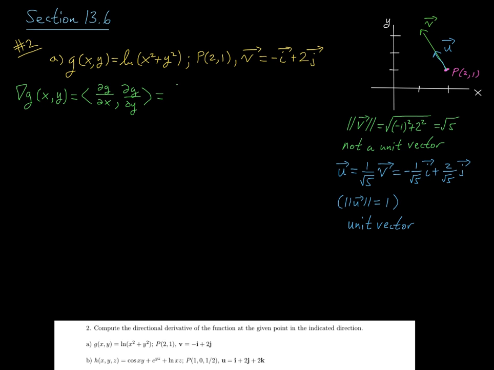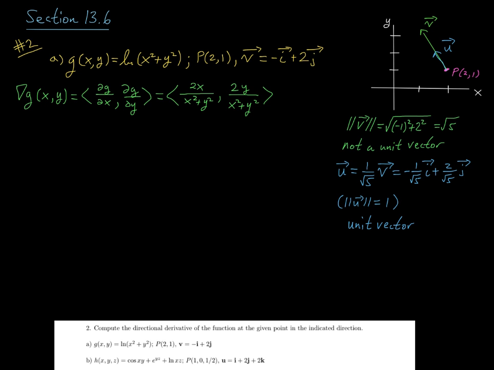For the x derivative, I'm differentiating a log, so that'd be 1 over what's inside the log, multiplied by the derivative of what's inside with respect to x. That's going to give me a 2x, which I'll put up in the numerator. The y derivative is essentially the same thing, except we're replacing the x on top with y.